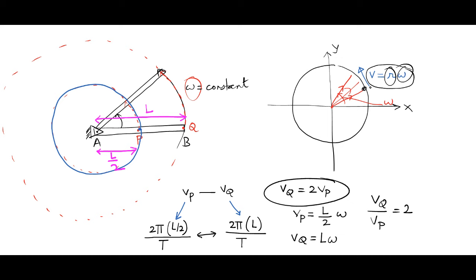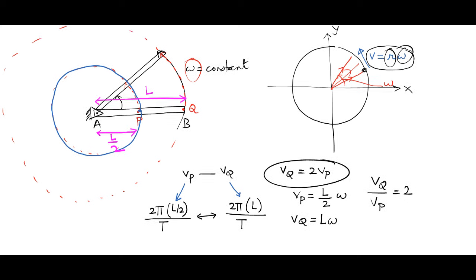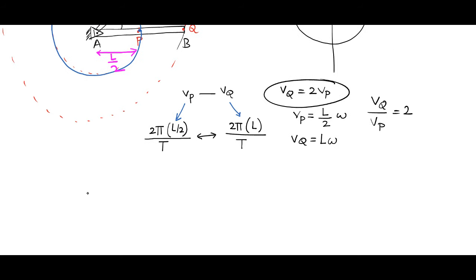So we can now proceed, once we have derived the relationship between the velocities. I hope you understand what I'm saying. Which velocities? We got the relation V bar is equal to omega bar cross r bar. That was the vector form. Now this is the linear velocity.